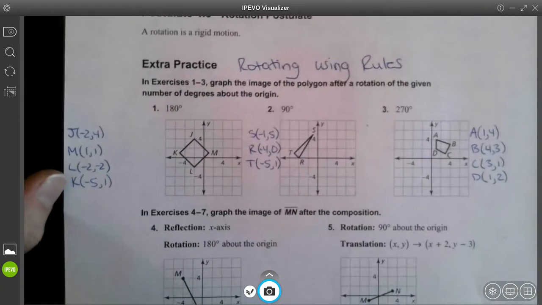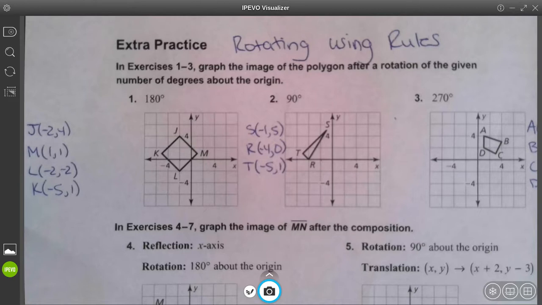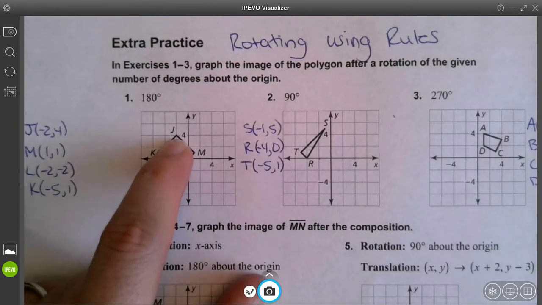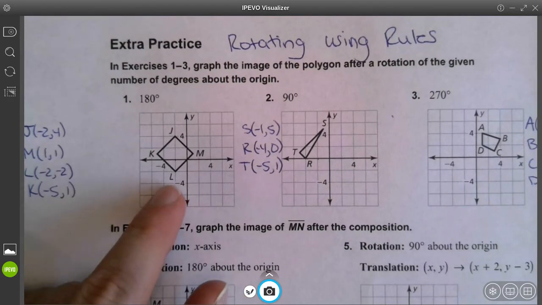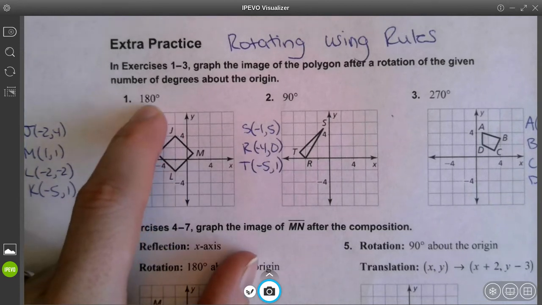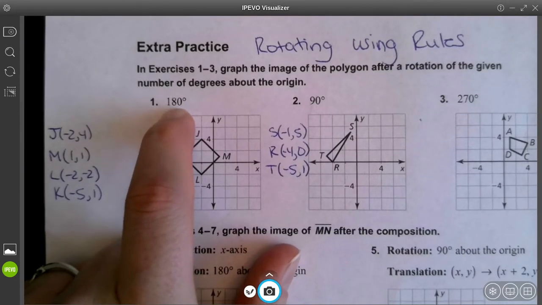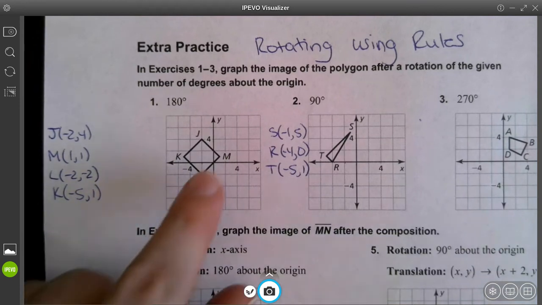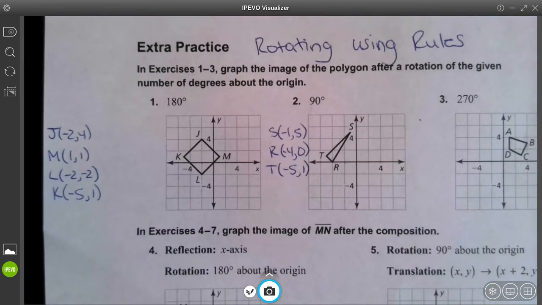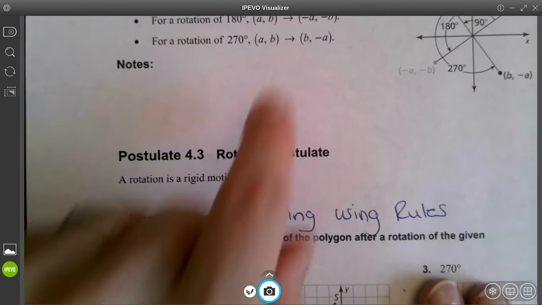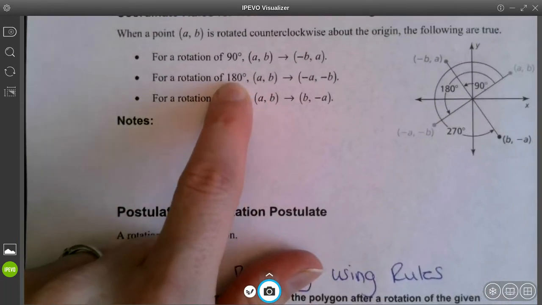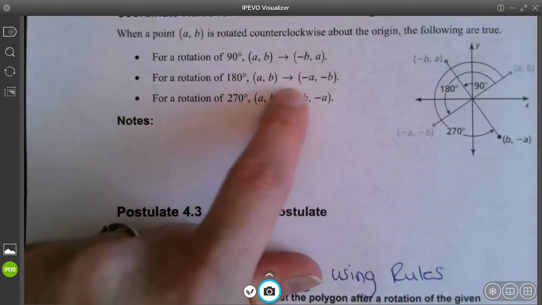In number 1, we're going to rotate quadrilateral JMLK 180 degrees. And so we're going to be using the origin as the center of rotation, and we're going to be using the rule for a rotation of 180 degrees.